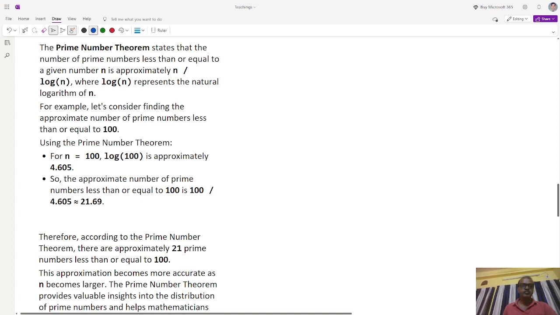This theorem approximately states that 21 prime numbers are within 100. So, it is mismatched with the actual number within 1 to 100, that is, 25 prime numbers.